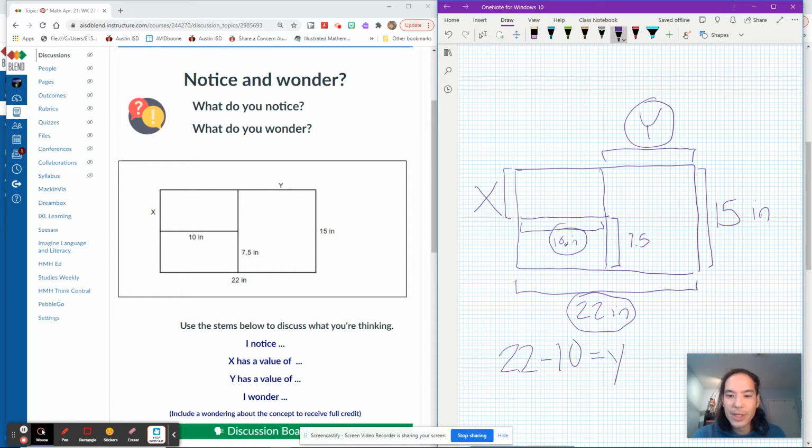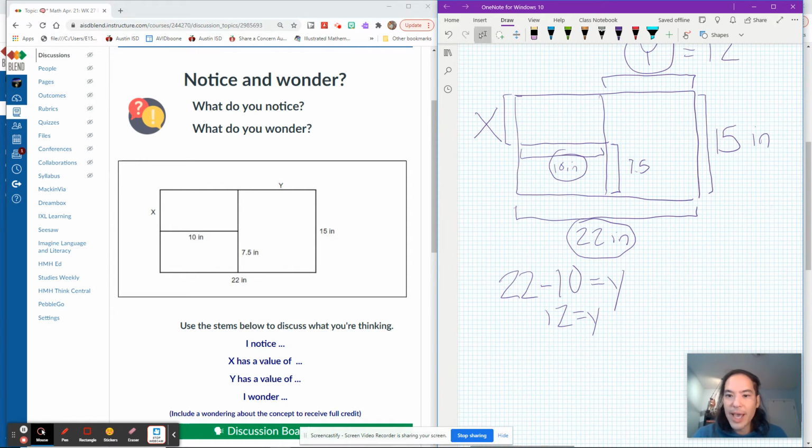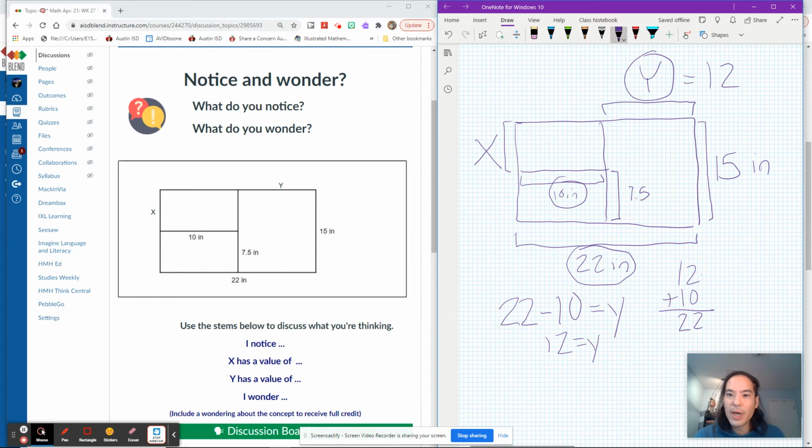So 22 minus 10, it looks like y is equal to 12. All right, so we figured out y. We can check our work by adding 12 and 10. If 12 plus 10 equals 22, then we figured out y. So y is 12 because 12 plus 10 equals 22.